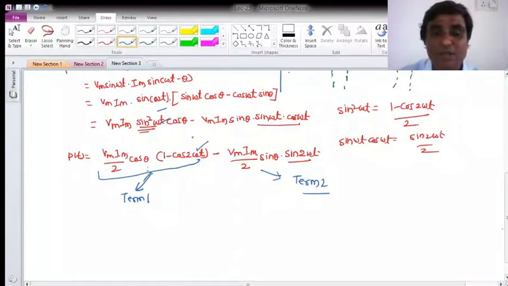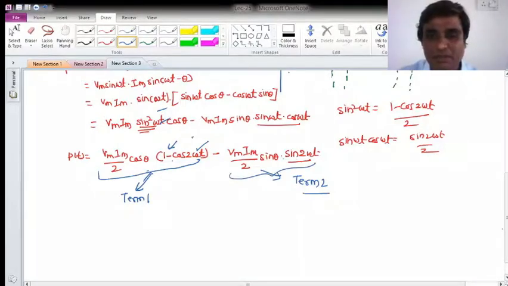I just want to check for what values the power is positive and for what values the power is negative. Checking the first term, it is always positive. It will be 0 for omega t equal to 0, but it will not be negative. Whereas in the second term, sometimes the power will be positive and sometimes negative.